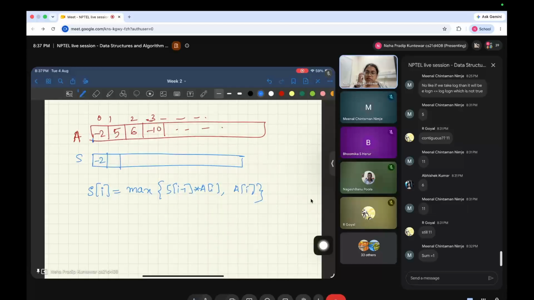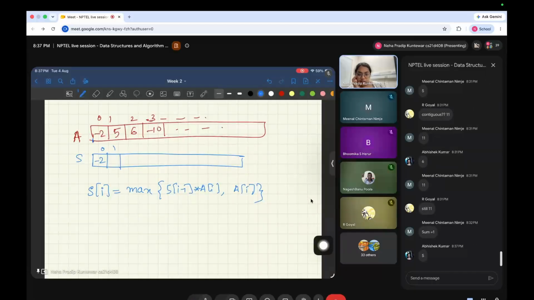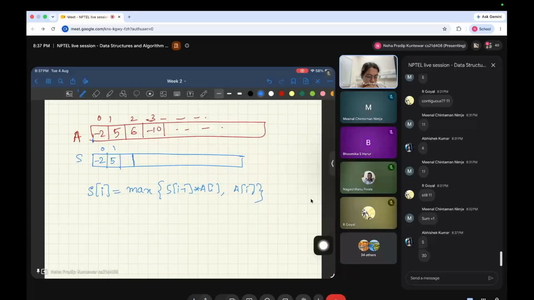What about the entry at index 1? This will be 5. What about the next step? It will be 30.